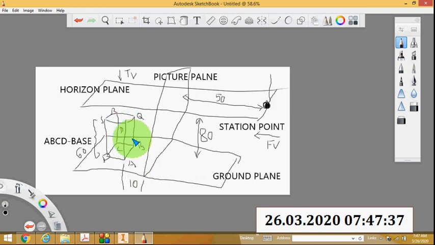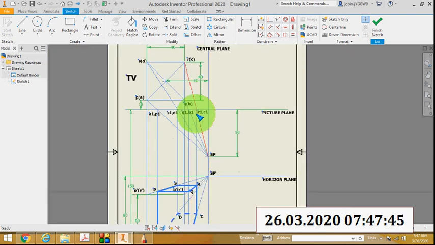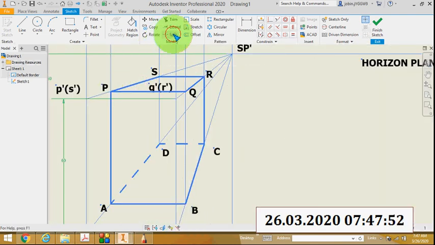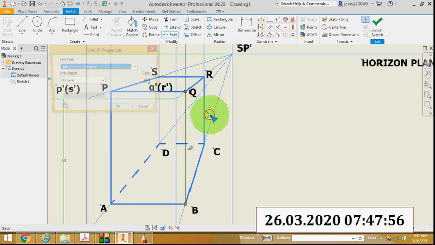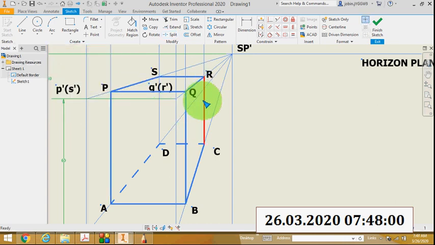Then next are the vertical edges. How many vertical edges? AP, BQ, CR and DS. AP is completed, but BQ is incomplete. BQ is visible from SP, so draw a dark line. Then CR is already completed. Then next is SD.